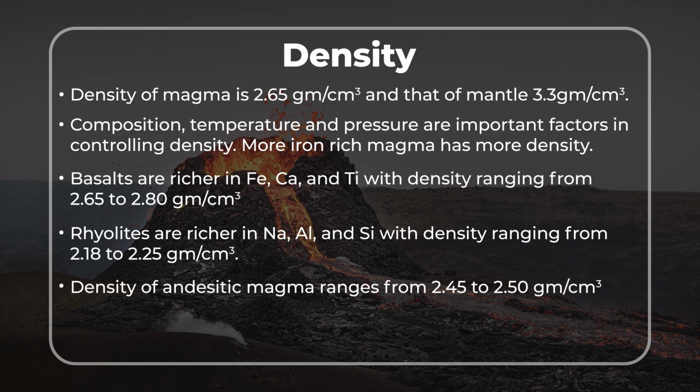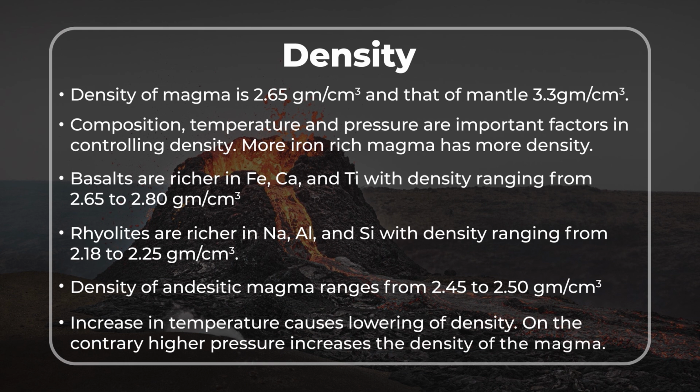The density of andesitic magma ranges somewhere between basaltic and rhyolitic magma, that is between 2.45 to 2.50 grams per centimeter cube. The increase in temperature causes lowering of density. On the contrary, higher pressure increases the density of the magma.